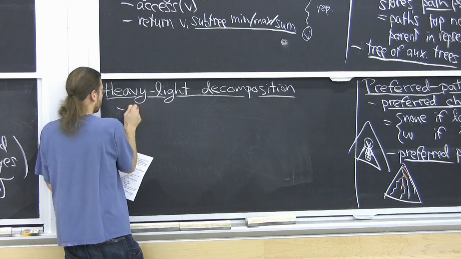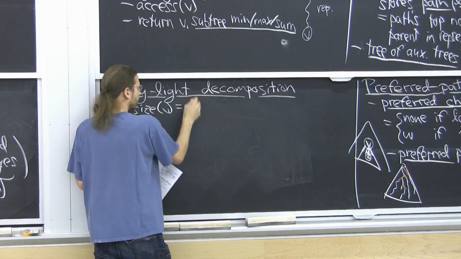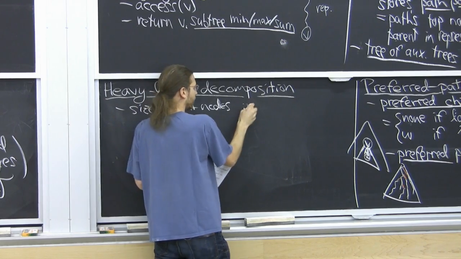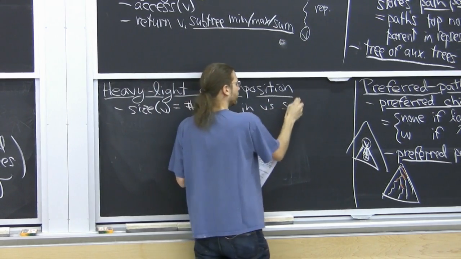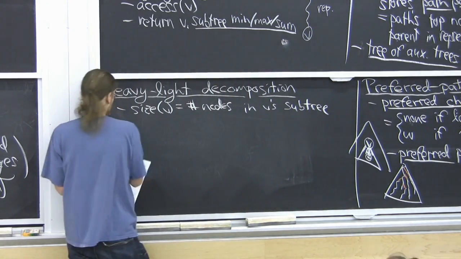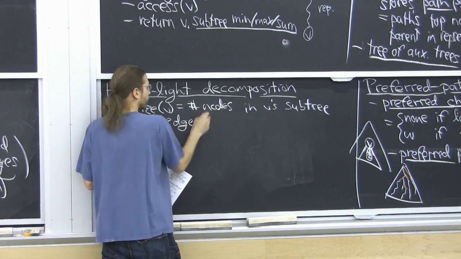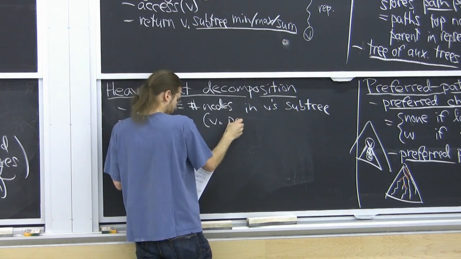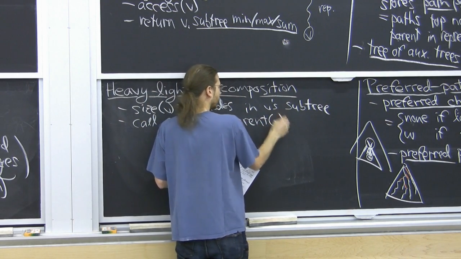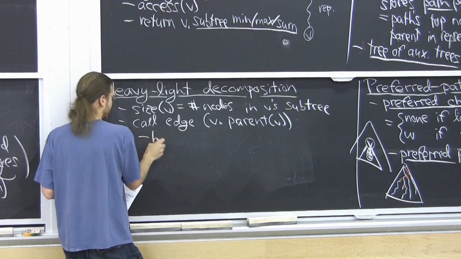It's very simple. We define the size of a node to be the number of nodes in that subtree. We've done this many times, I think. And then we're going to call an edge from v to its parent heavy or light.